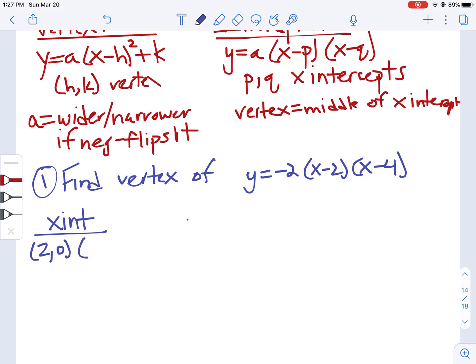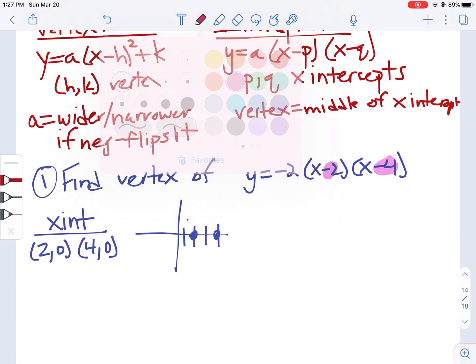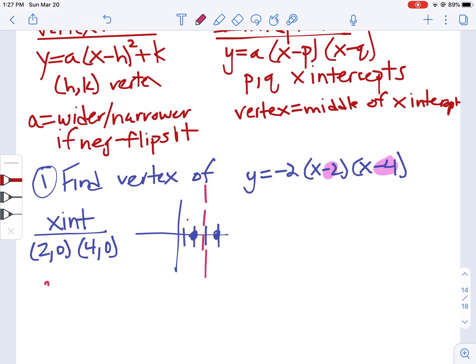And the other x-intercept would be at (4, 0), because it's at the opposites. So if I was to graph this, I know one would cross here and one would cross here. So where does that mean our vertex is? It's in the middle. And what's in the middle of 2 and 4? That axis of symmetry that it's symmetrical around would be 3. Algebraically, I can say (2 + 4) divided by 2 gives me 3.